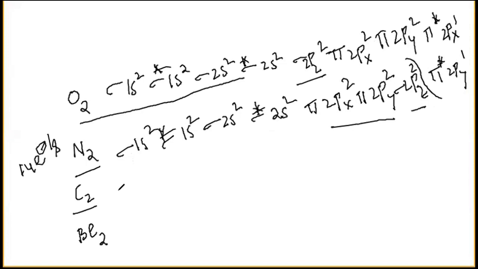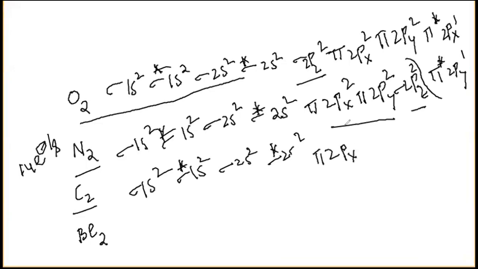Now for C2 you can take sigma 1s2, sigma star 1s2, sigma 2s2, sigma star 2s2. Then pi 2px2 equal to pi 2py2 we can write.